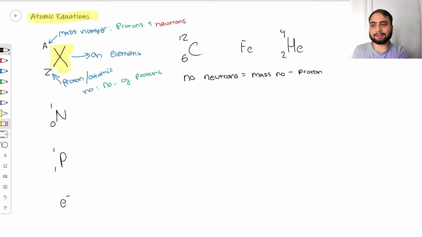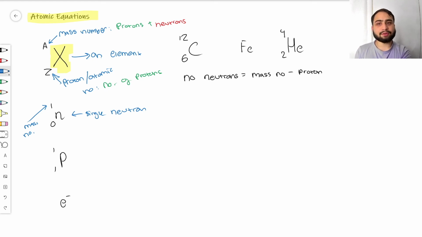Now let's have a look at the second one here, which is a lowercase n. This is just designed to represent a single neutron. Again, the number on top is the mass number. Another note about mass number: if you ever get confused about which is the mass number and which is the proton number, remember that the mass number contains the number of protons, therefore the mass number is always going to be higher than the proton number.